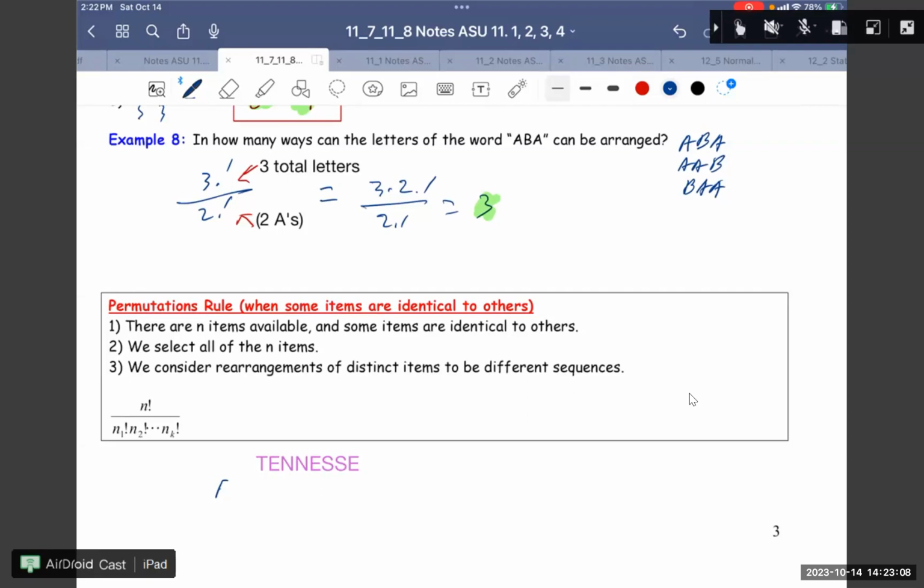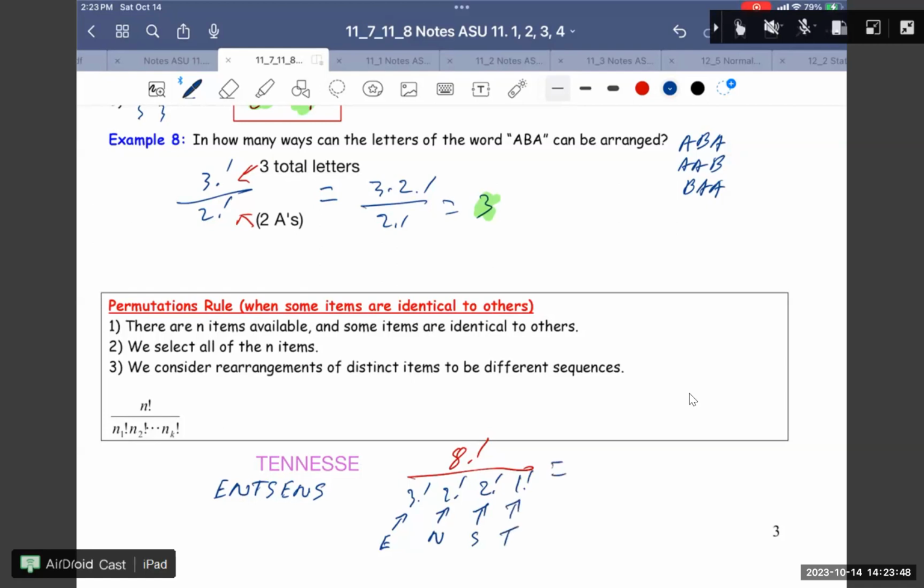So we have 8 factorial over, for the E, how many is that? For E, 1, 2, 3. So for E that is 3, right? So this one is 3 factorial for E, and 2 factorial for N, and 2 factorial for S, and then 1 factorial for T.